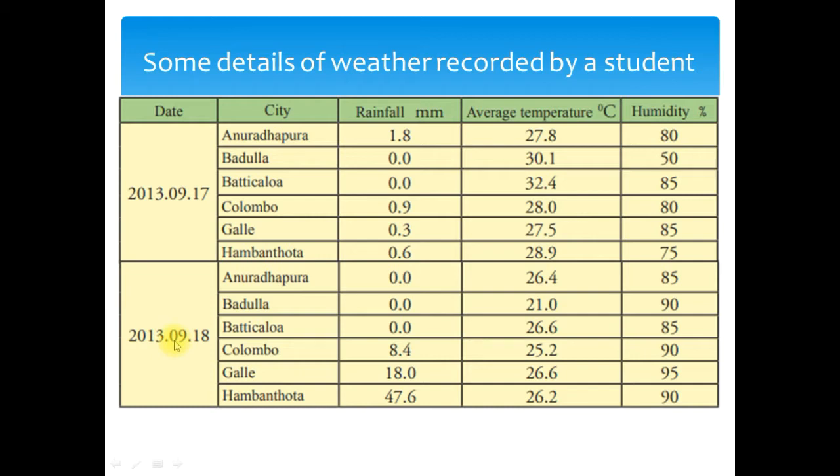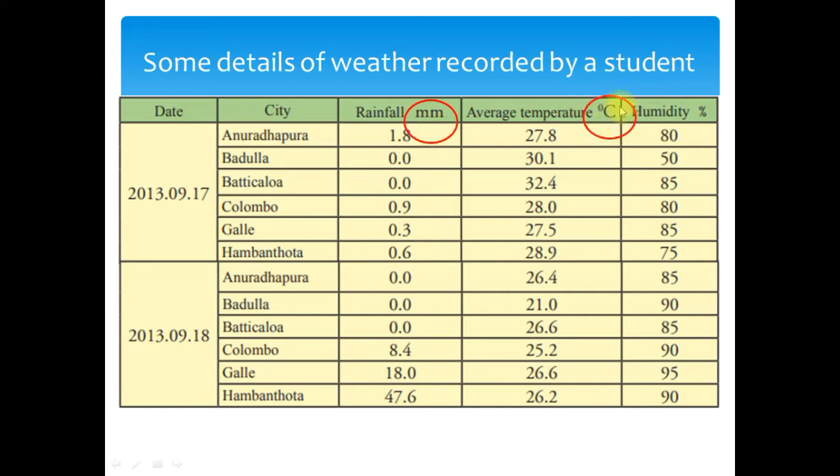Now let's see, will you be able to find the answer for these kinds of questions? What is the unit used to measure the rainfall? That is millimeter. What is the unit used to measure the temperature?